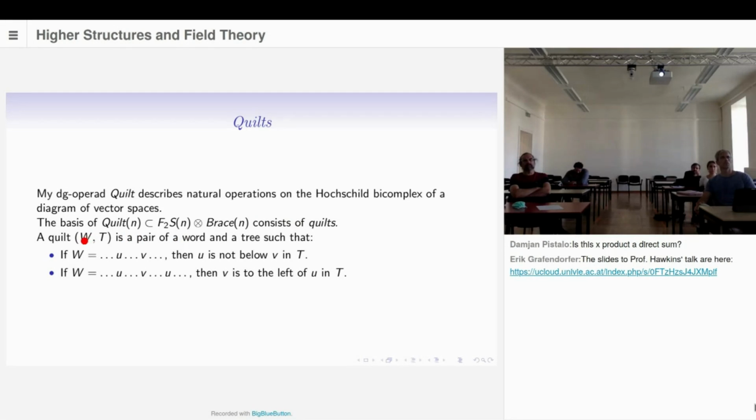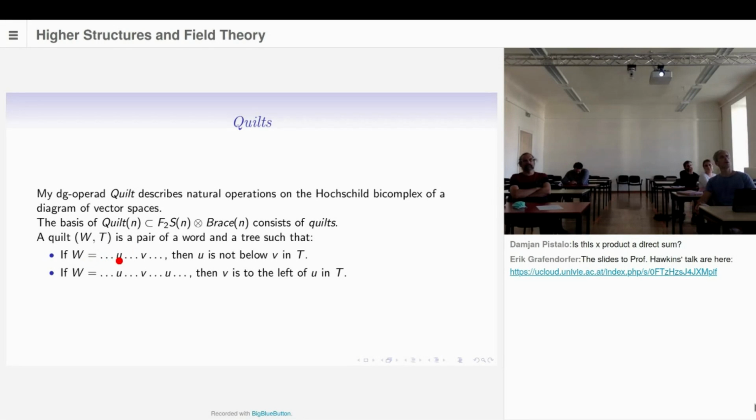A quilt is a pair of a word and a tree, with compatibility conditions between the word and the tree. Remember that the arity is the same on both of them. The vertices of the tree are the letters of the word, which are the numbers 1 through n.